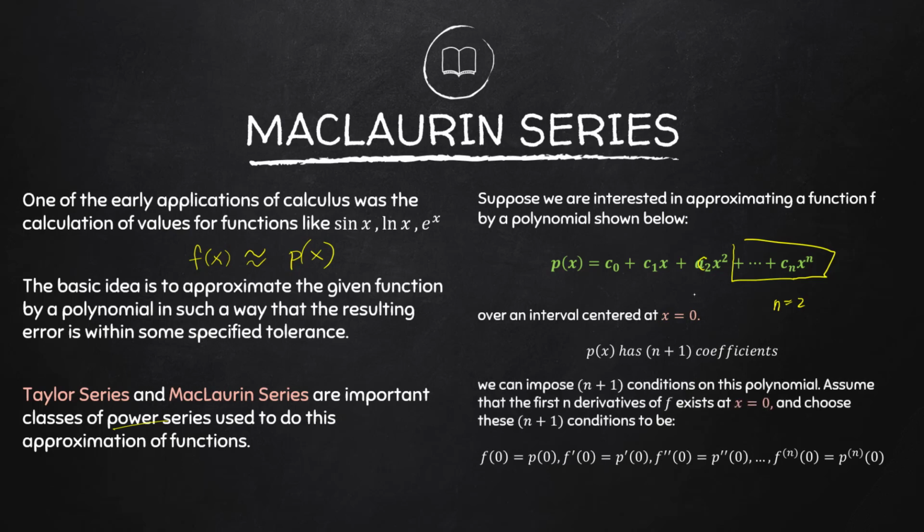We can impose n plus 1 conditions on this polynomial. Assume that the first n derivatives of f of x exist at x is equal to 0, and choose these n plus 1 conditions to be f of 0 is equal to p of 0, f prime of 0, take note that f prime of 0 is the first derivative of f, is equal to p prime of 0, and the p prime of 0 is the first derivative of p, and so on and so forth up to the nth derivative of each of these, the function and the approximating polynomial.